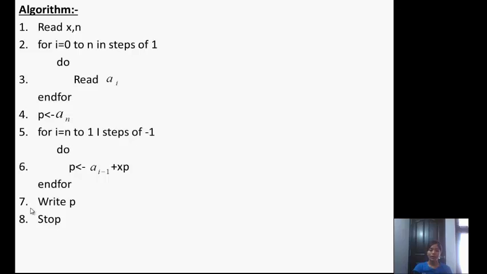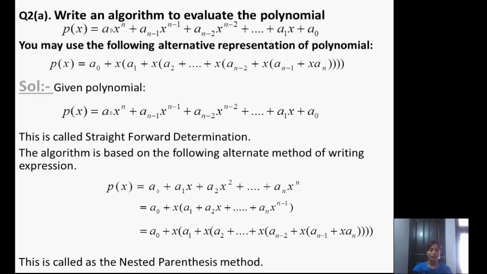Then we compute a(i-1) plus x into p. Our p will change at every step. So here our for loop ends, and at the 7th step we can give our answer for p. That is, we have our polynomial as this.